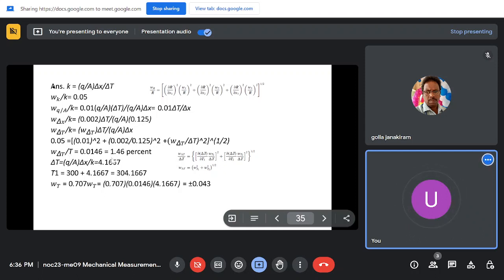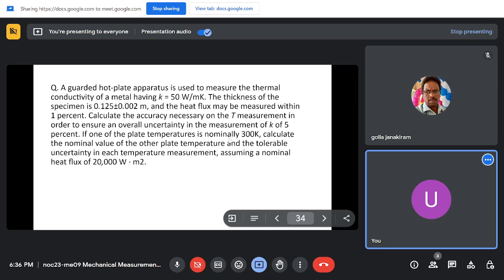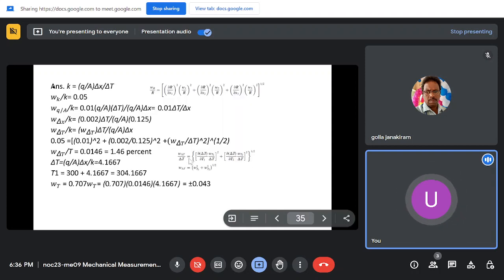Now the question says, calculate the nominal value of the other plate temperature and the tolerable uncertainty in each temperature measurement. So tolerable uncertainty we have to calculate. In that case, for temperature, delta T is T2 minus T1. So we know that relation.